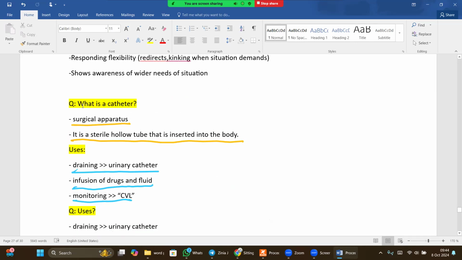What is catheter? Catheter is a surgical apparatus. It is a sterile hollow tube that is inserted into the body. They are not asking about the urinary catheter, any catheter.